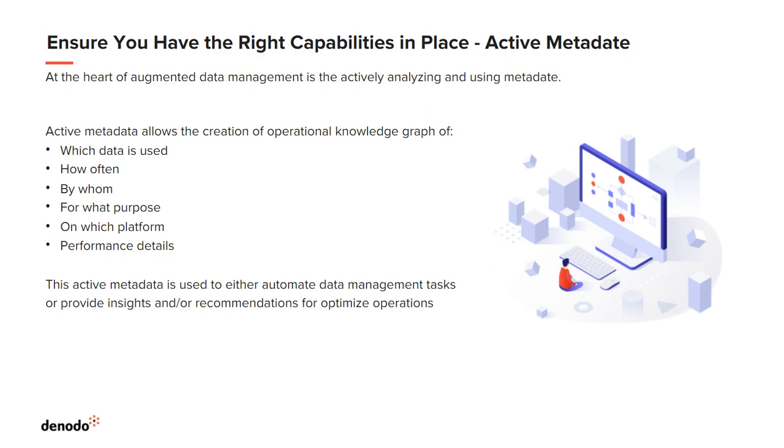That allows you to automate different tasks around data management. So active metadata will be used by the data fabric to automate or augment different data management tasks. It'll be used by the data fabric to make recommendations on how to optimize the operation within the environment.